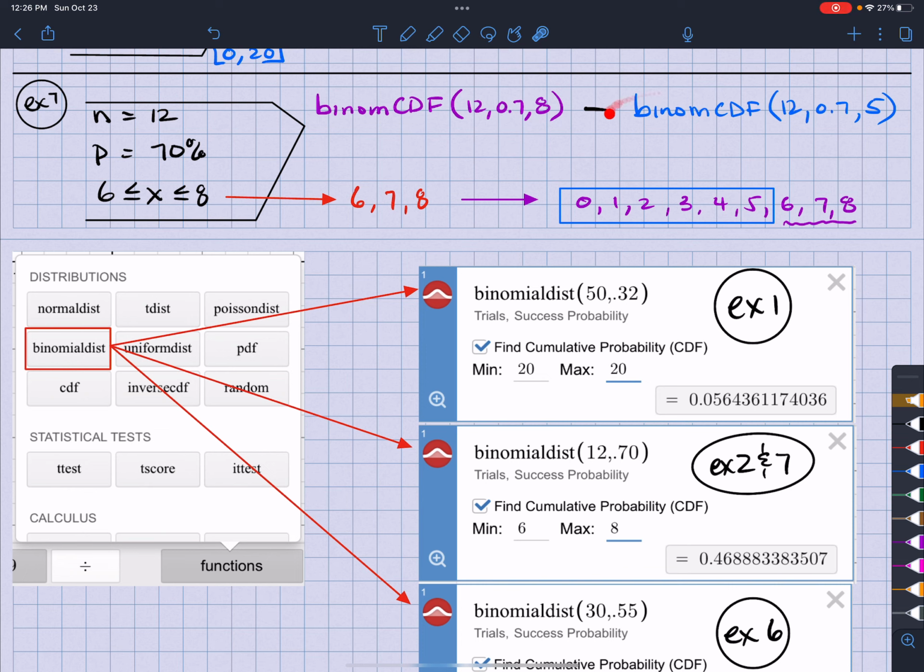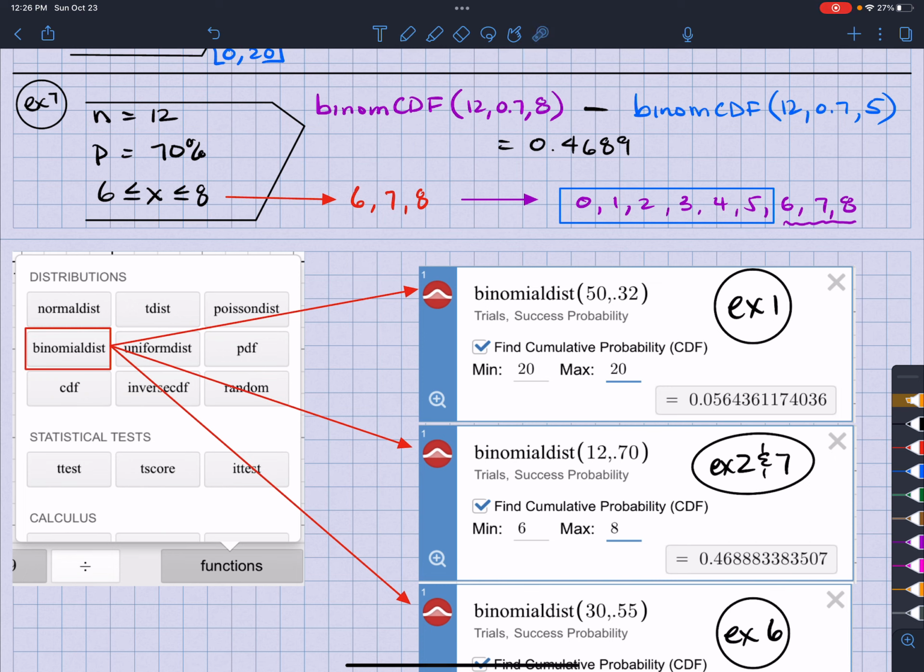I'm going to take out everything that's in blue so that I will be left with 6, 7, and 8. So that would be my so-called equation that I would type in. And therefore, I'm going to have this probably as 0.4689.